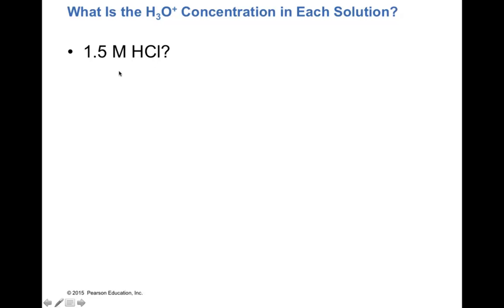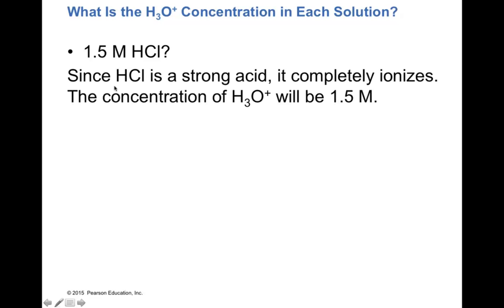So we're going to have the concentration of hydronium ion as 1.5 molar, because we're going to have the same number of moles of H3O+ as HCl. If we have 10 moles of HCl and we add it to water, it's completely dissociated. We're going to have 10 moles of hydronium ion and 10 moles of chloride because we separate both. So that's why the concentration is going to be 1.5.